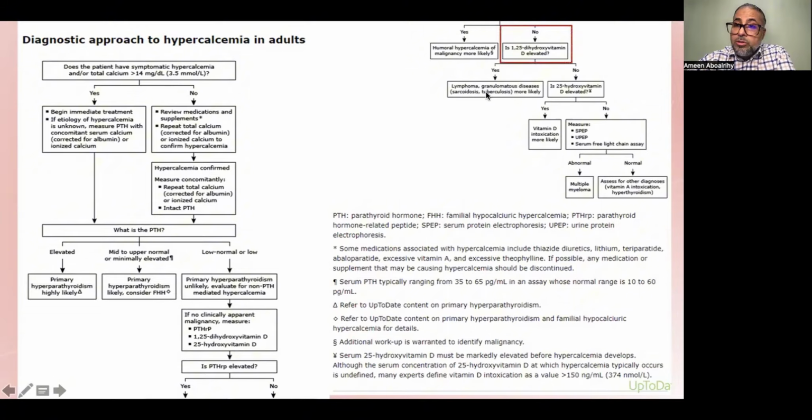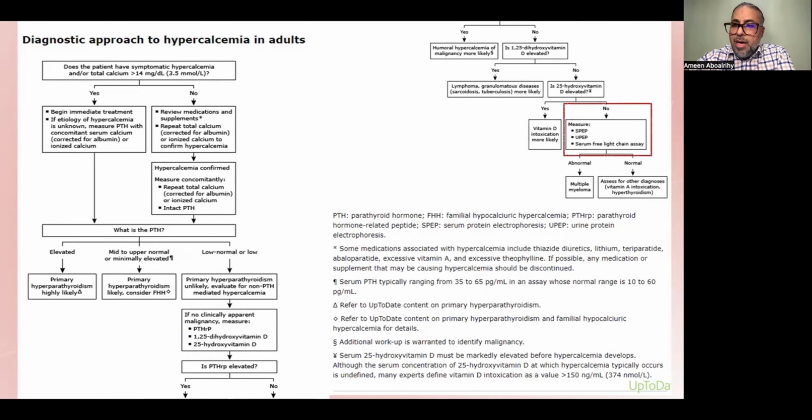If it is not, then check the 125 vitamin D. If 125 vitamin D is elevated, then lymphoma or granulomatous diseases are possible. If it is not elevated, then you check the 25-hydroxyvitamin D, because vitamin D intoxication is possible.